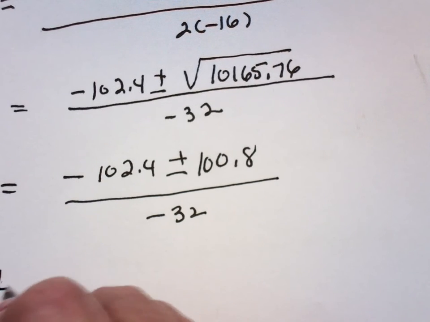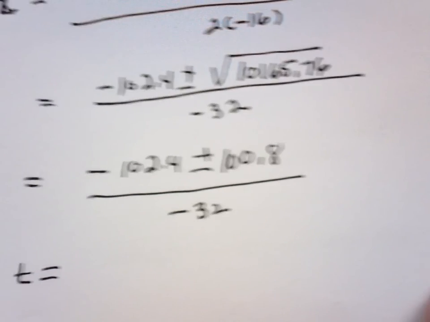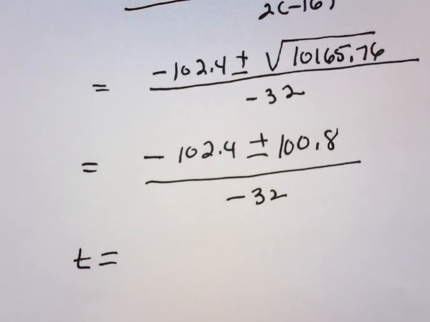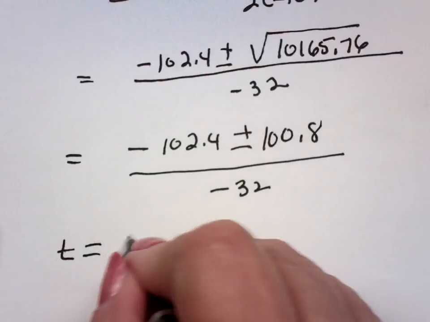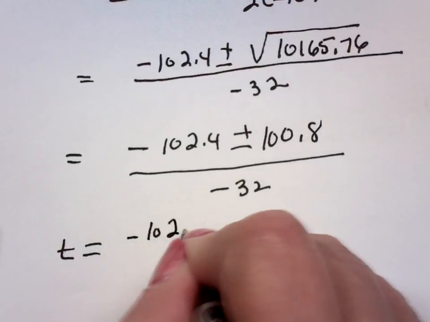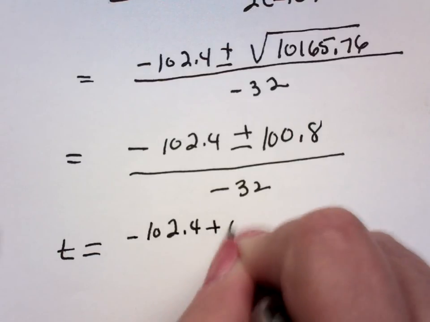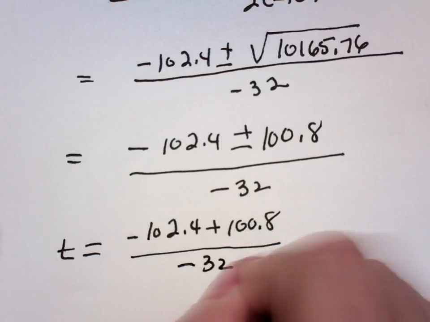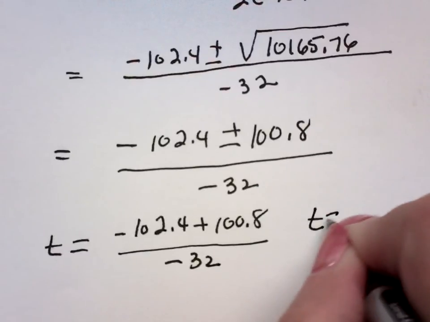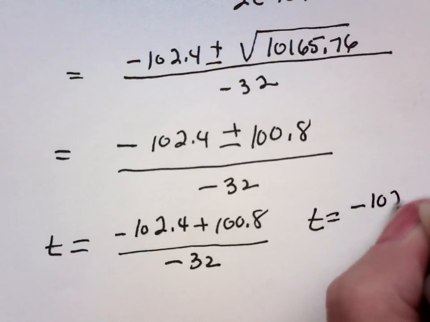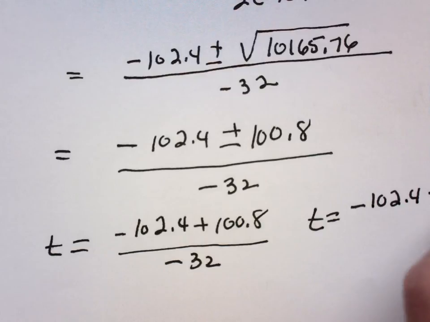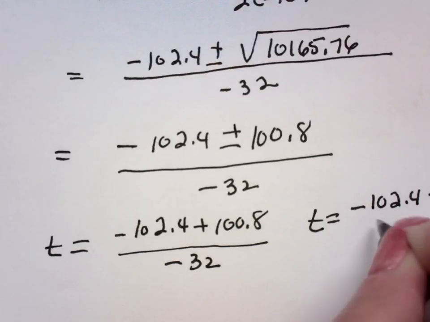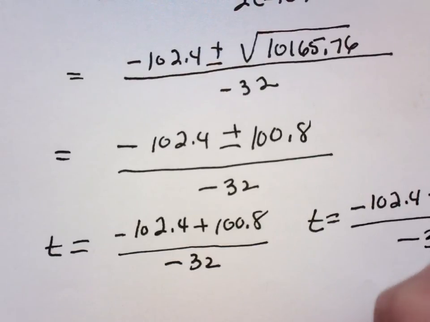Or t is, everybody ready to jump off the building yet? I know I am. Negative 102.4 plus 100.8 over negative 32, or t is negative 102.4 minus 100.8 all over negative 32.